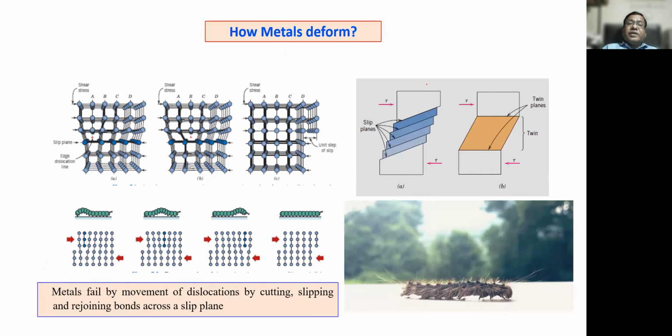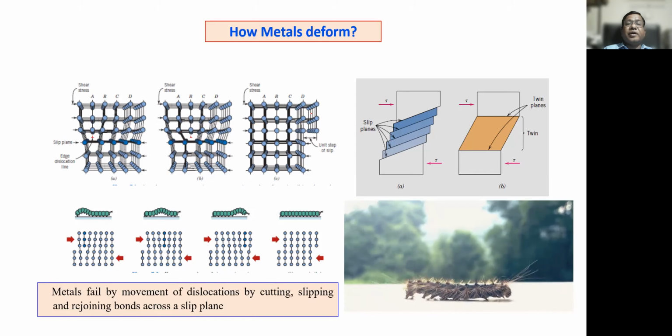So this is a very basic question, how metals deform. In an earlier slide we have seen that metals can deform by movement of dislocation. So dislocation is basically an extra half plane. The extra half plane is here first, and it is moving like this. So how does it move?